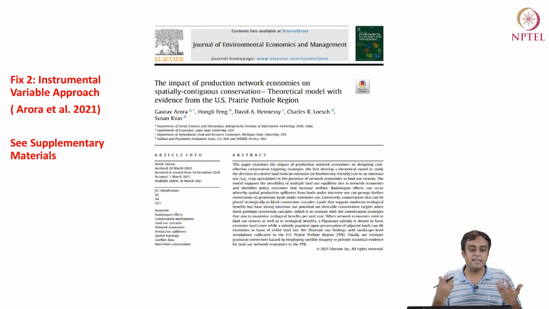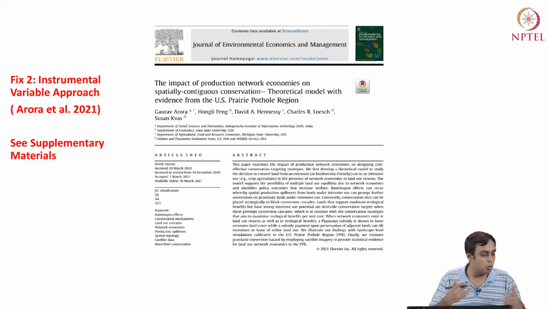And one of the things that is done more is what is called the instrumental variable approach. Here I have provided you an example paper which is using the instrumental variable approach in order to account for endogenous social effects in a spatial regression model.